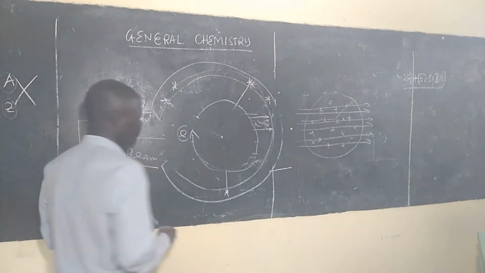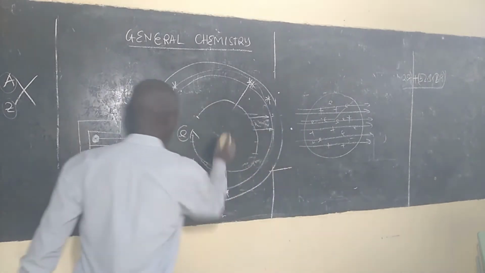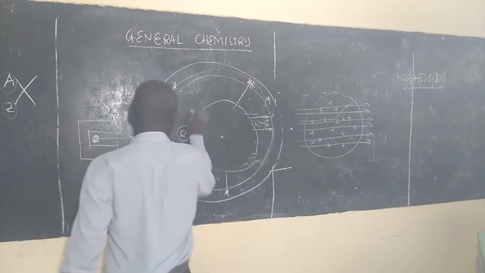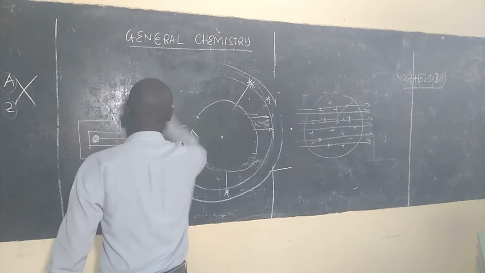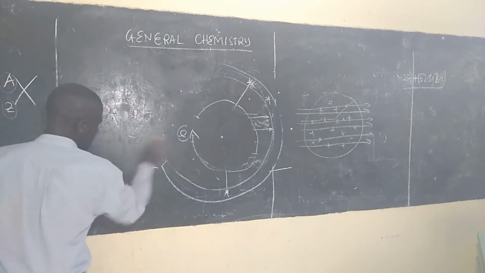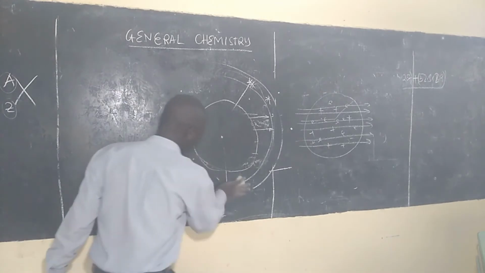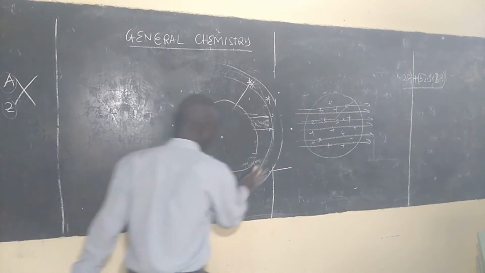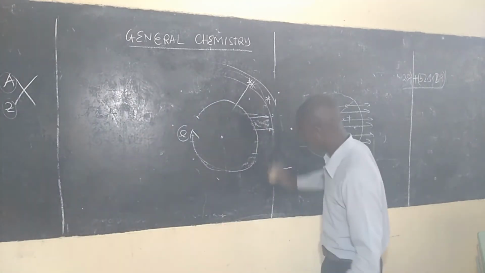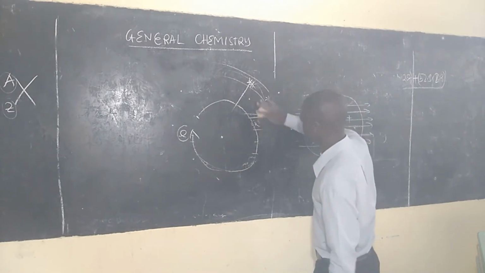So according to Rutherford, alisema most of the space between the nucleus and this revolving electron is empty. So hicho ndicho ambacho Rutherford alikuwa amekisema hapo.